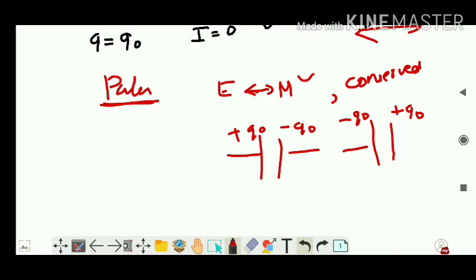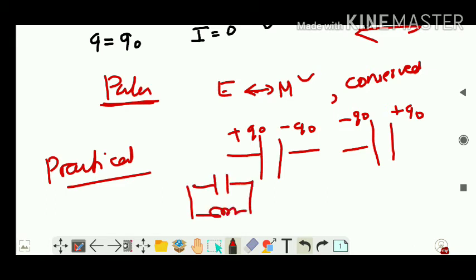But consider a non-ideal condition, which is usually the practical thing. In practical conditions, after some time, due to some energy loss... suppose here we are connecting an LC like this.